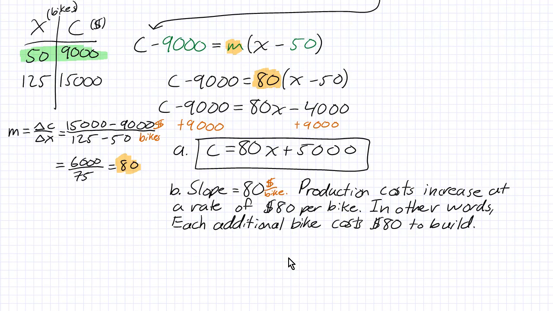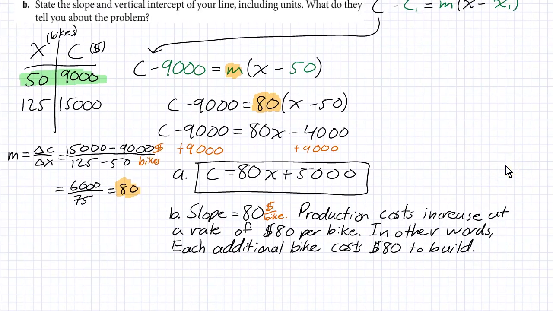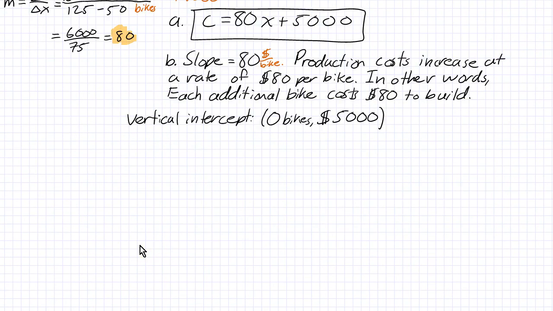Here are a couple ways you might write that out. Now, it also asks about the vertical intercept of the line. The vertical intercept is just the 5,000. That's the c-intercept in this case, and that's what you get when x is 0. I wrote it here including the units, because that makes it a lot easier to understand what this represents.